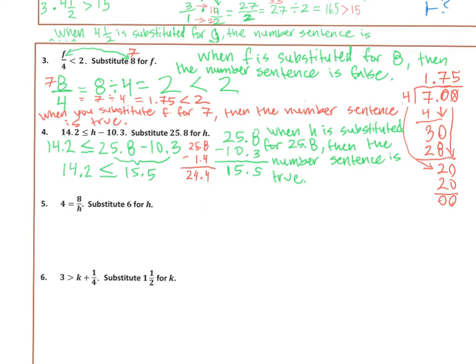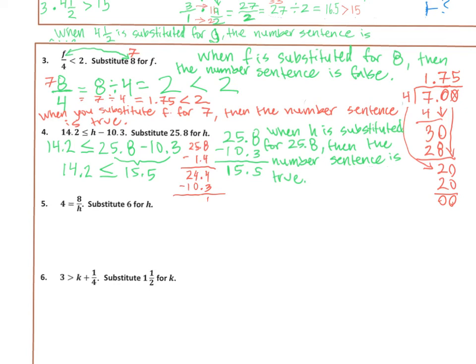Okay, so let's take a look if that plays out when we do our substitution in here. So we'll say 24.4 minus 10.3. So 4 take away 3 is going to be 1.